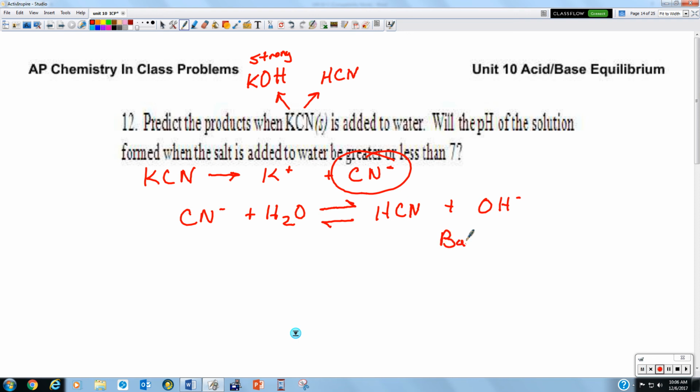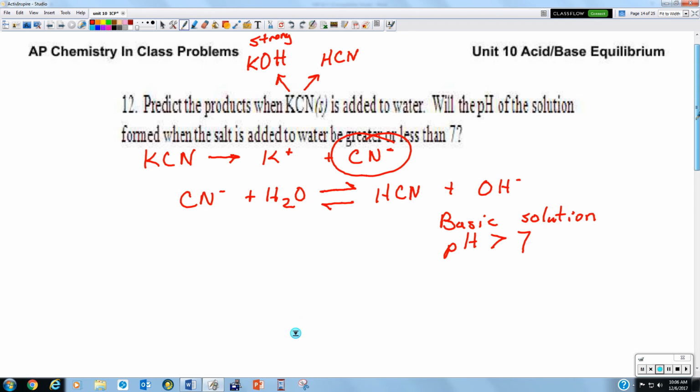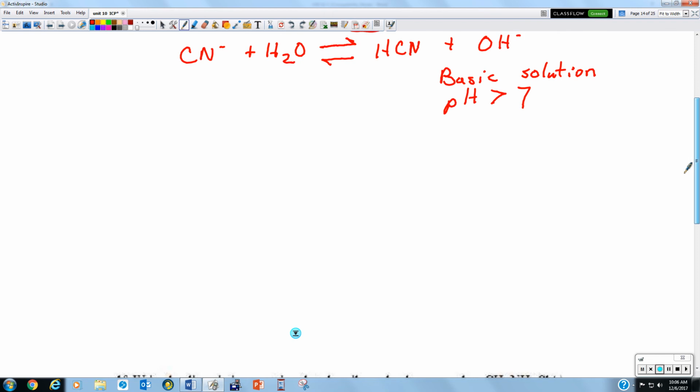So basic solution, which means that pH will be greater than 7. That's all you have to do to answer that question. All right. These are going to be kind of oversimplified questions, and I'm just building this up to the real ones.